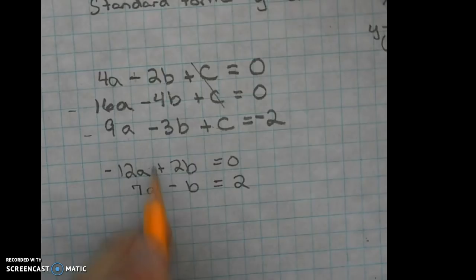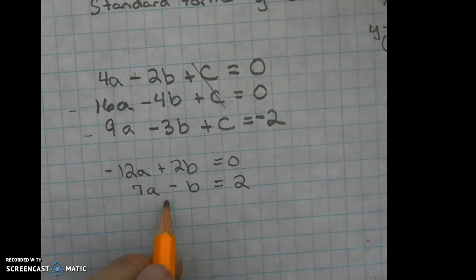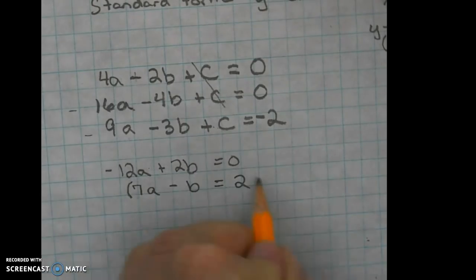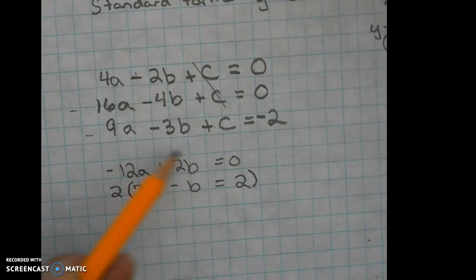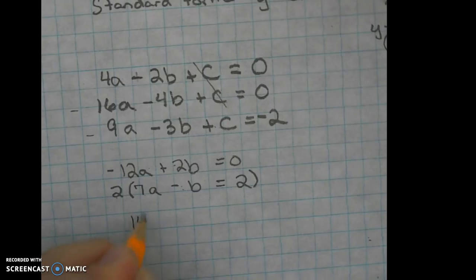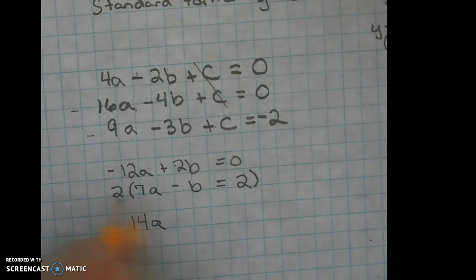Okay, now that I'm down to two equations, I'm going to go ahead and multiply this equation here by 2. And then I'm going to add these two equations together to eliminate the b. So 2 times 7a is 14a. 2 times negative b is negative 2b.